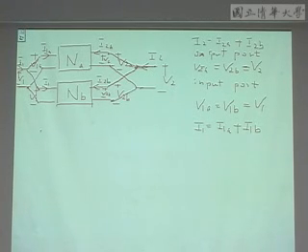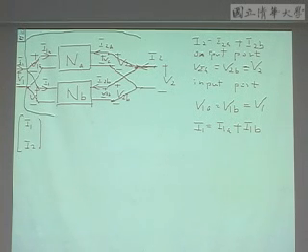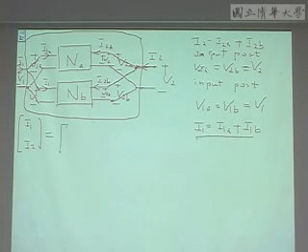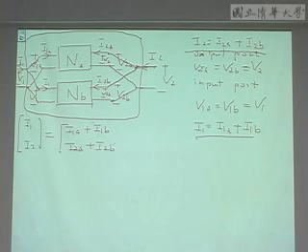So according to the definition of Y parameter, it's I1, I2. We consider these two poles. So I1 here we substitute. This is I1A plus I1B. And I2 here we have I2A plus I2B.